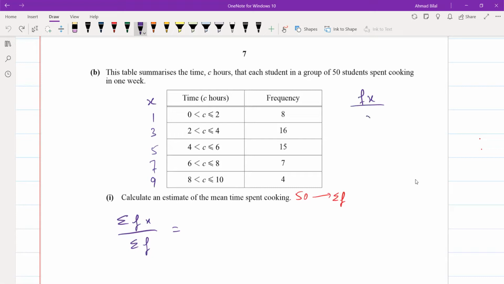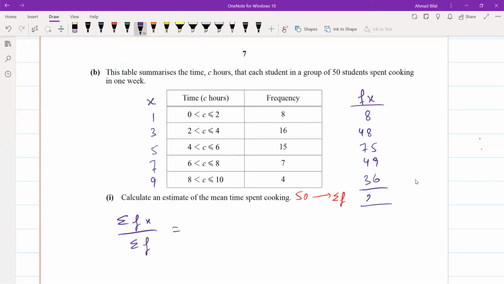So 8 into 1, that's 8. 16 into 3, that's 48. 15 into 5, that is 75. Then 7 into 7 is 49. 4 into 9 is 36. And that will give you some total number here. So you can check what this turns out to be. 8 plus 48 plus 75 plus 49 plus 36, that is 216.